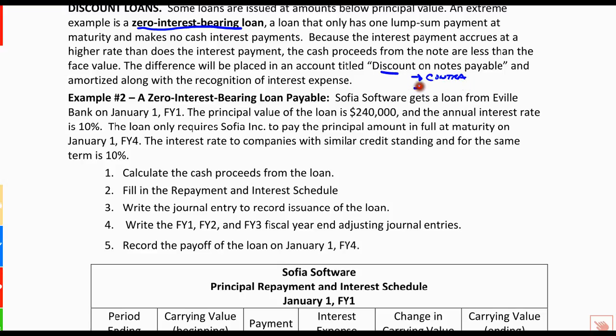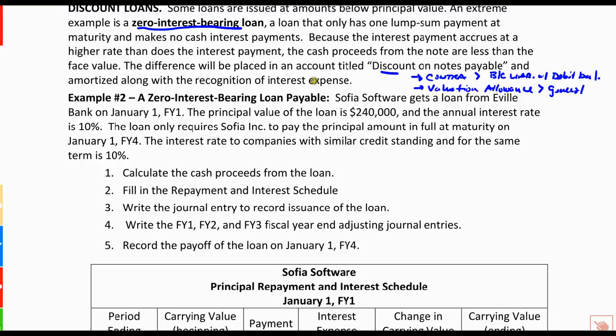But more generally, it's a valuation allowance. As we're going to see, we're going to have premiums which have credits to adjust the values up from their face value. So the general term is a valuation allowance, and this is contra because it's a liability with a debit balance.